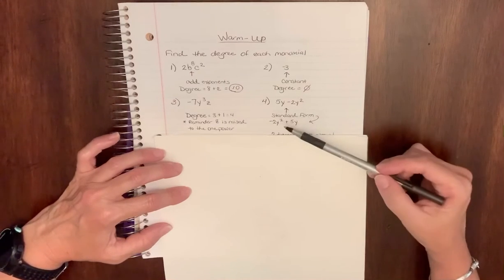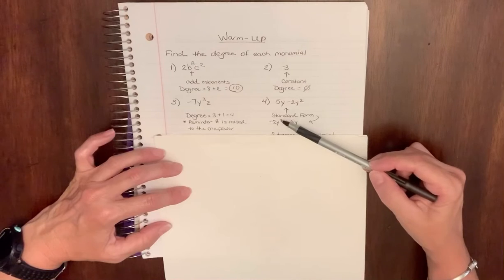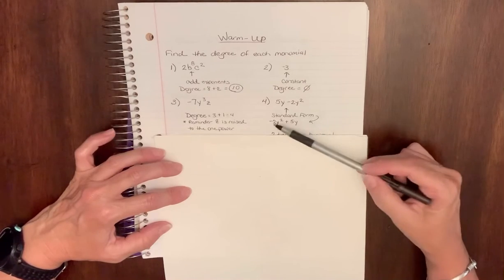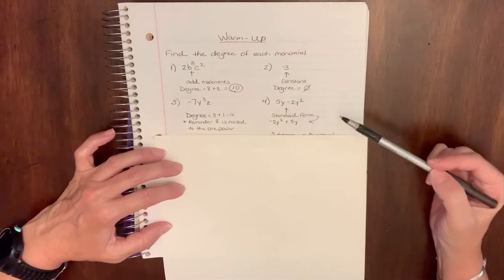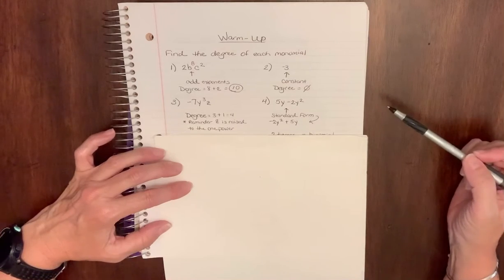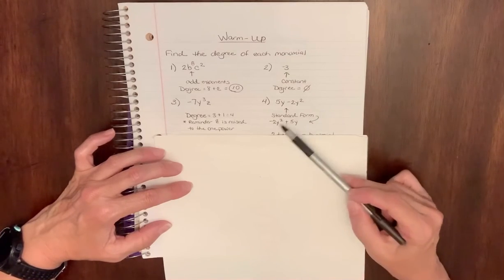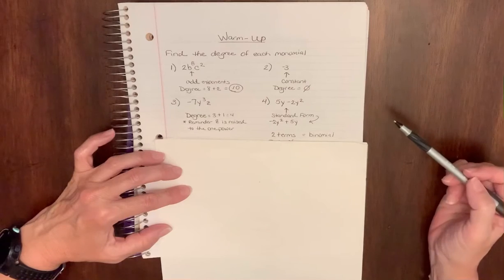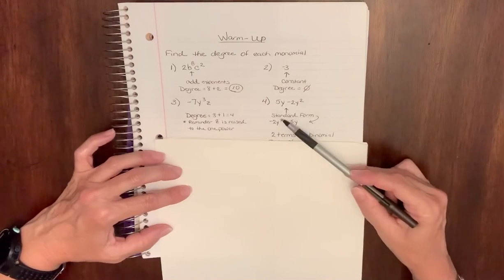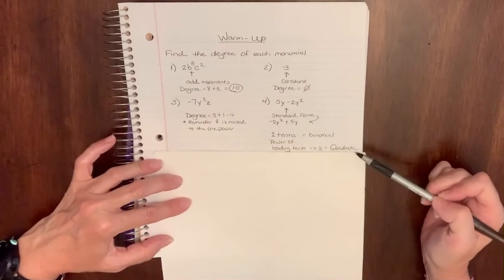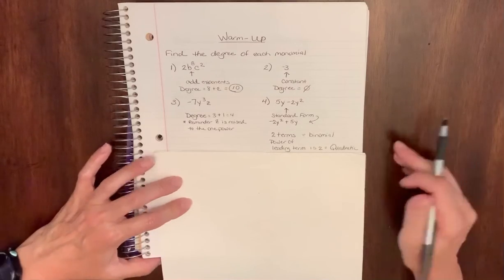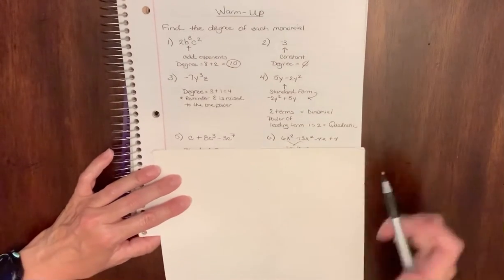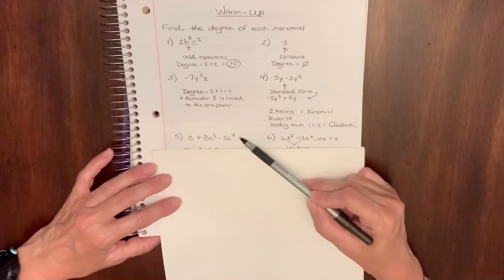Standard form requires us to have all the exponents in order from the greatest to the least. So I'm just going to flip-flop these 2 terms, and now it's in standard form. Because there are 2 terms, that is automatically a binomial, and because the exponent is a 2, we call that a quadratic.